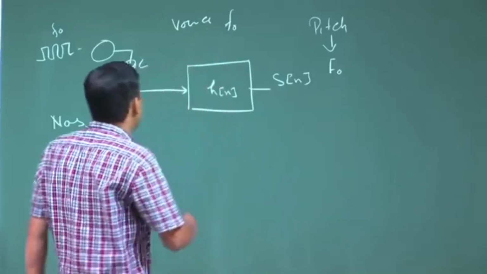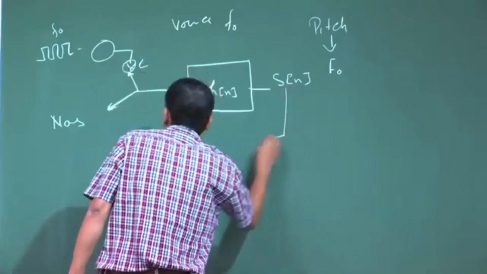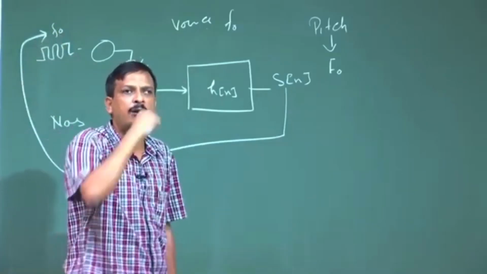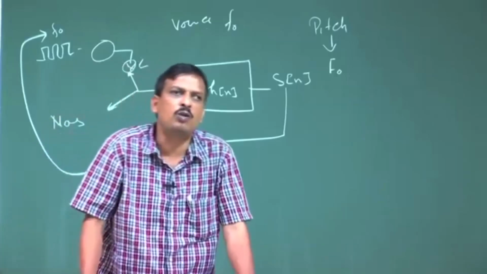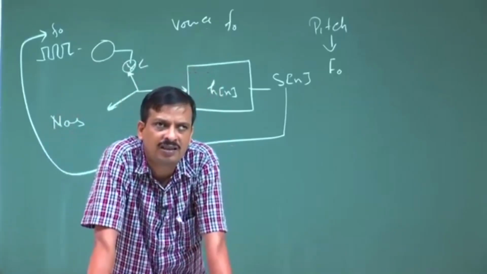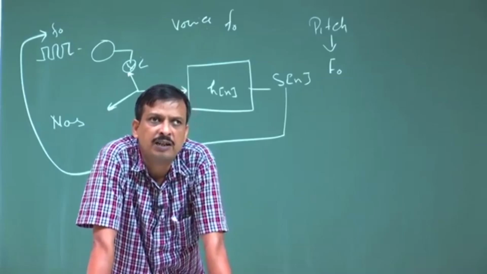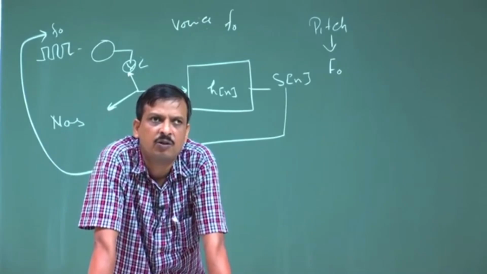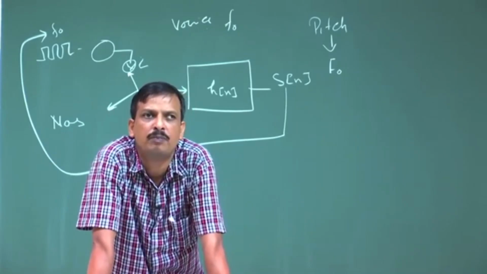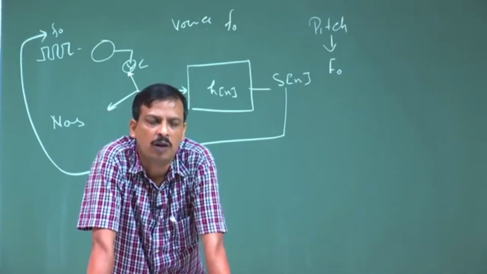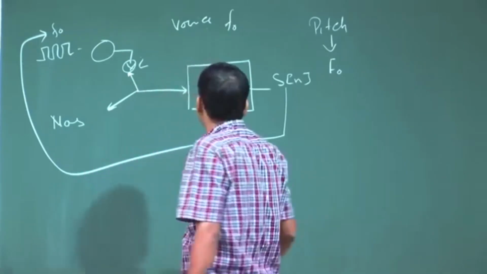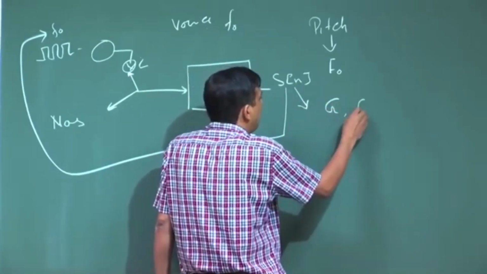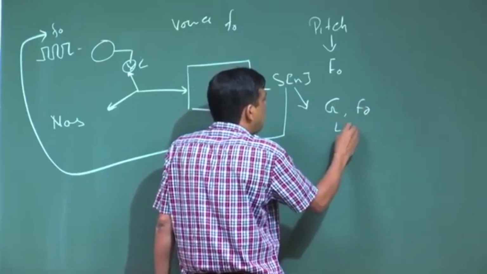Now, think about the reverse thing. I want to extract F0 from S(n). I have the voice signal which is recorded. I want to know, if it is voiced and generated using an impulse train, what is the fundamental frequency of the impulse train. Or if you remember the LPC synthesis, from the speech signal we extracted gain, fundamental frequency and LPC parameters.